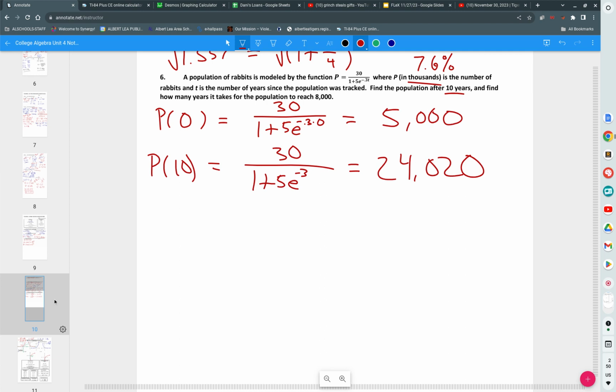So what number do I plug in for P? 8. I plug in 8 because it's measured in thousands. So 8 is equal to 30 over 1 plus 5e to the negative 0.3t.